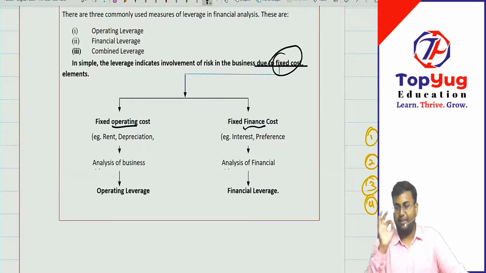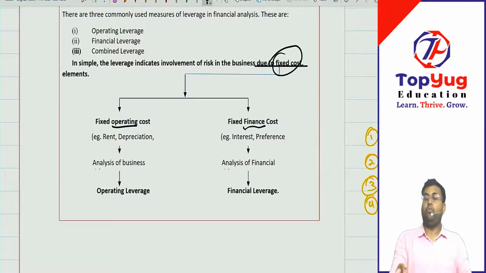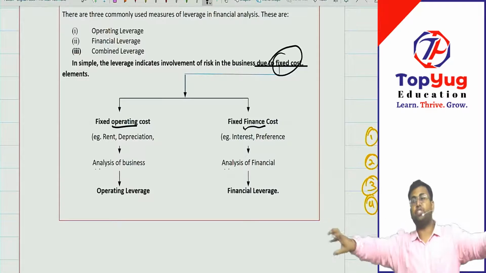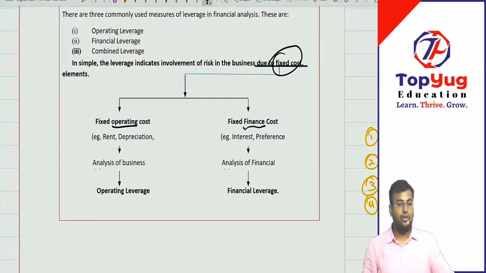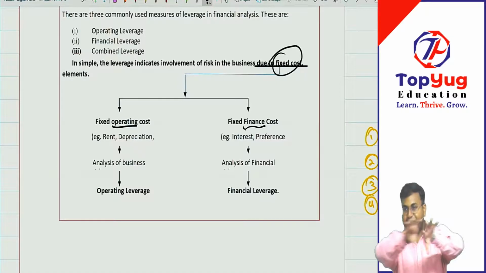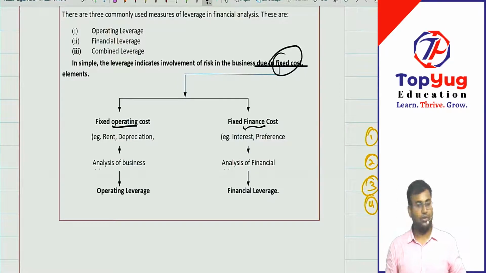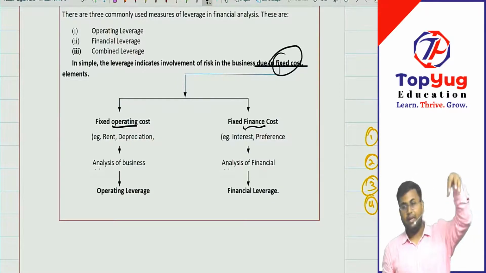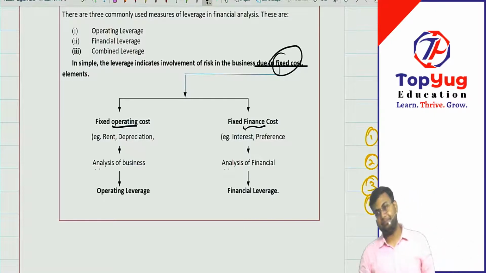Yes, very, very important. Now, again, most important part. So, how do you distinguish cost? Separate them based on the application.